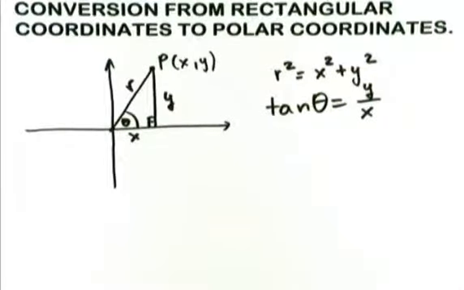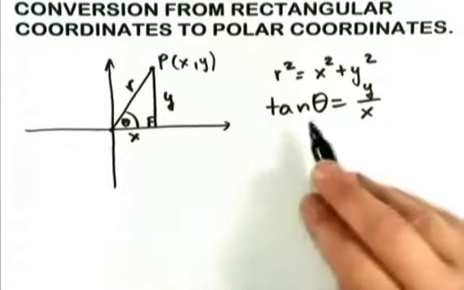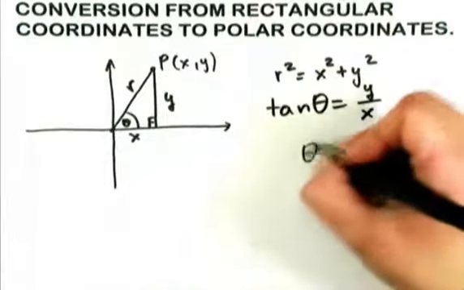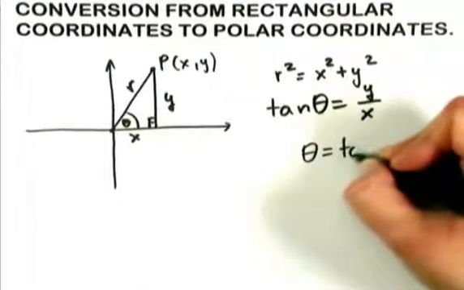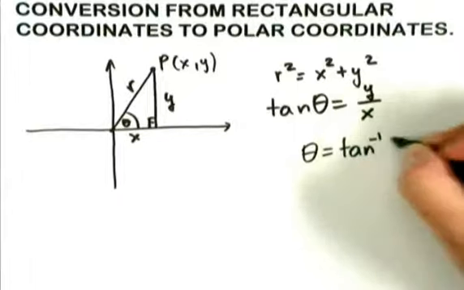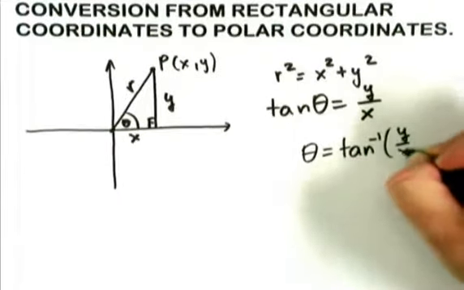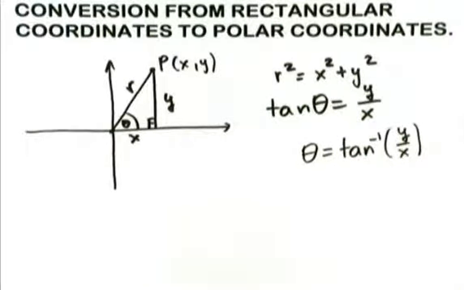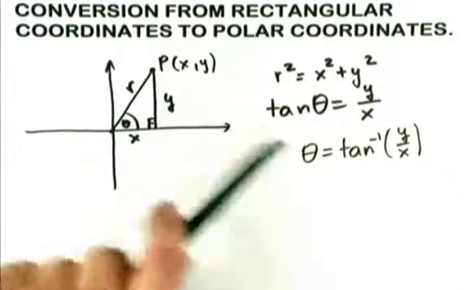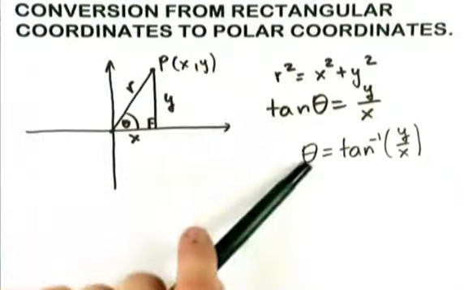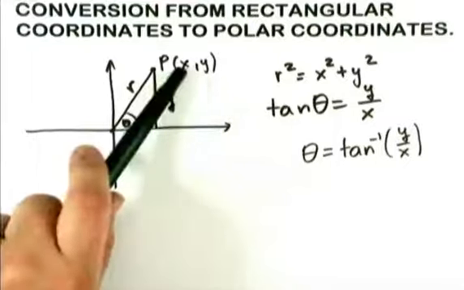And from this we can find theta. If I use tangent inverse, theta is nothing else but tangent inverse of the ratio y over x. And that's how we find polar coordinates, because then I have r and theta. Polar coordinates are r and theta.